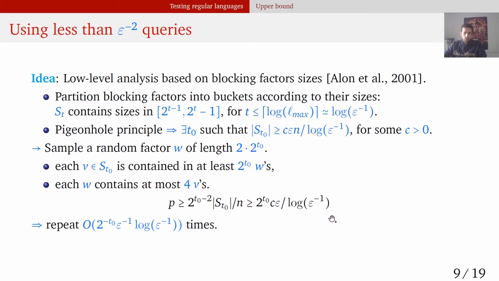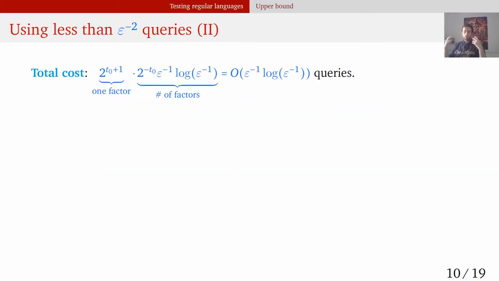And so if we repeat this process on the order of the inverse of this number of times, we find one with constant probability. So what's the cost here? We have to pay 2^t0 plus 1 queries for one factor, and we repeat that many times. And so this multiplies up to 1 over epsilon times log of 1 over epsilon queries.